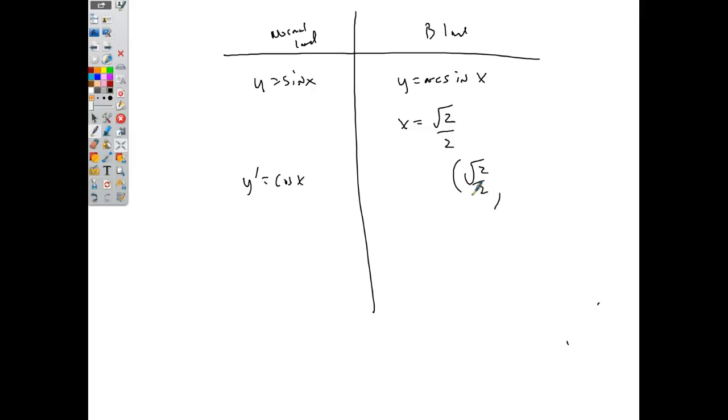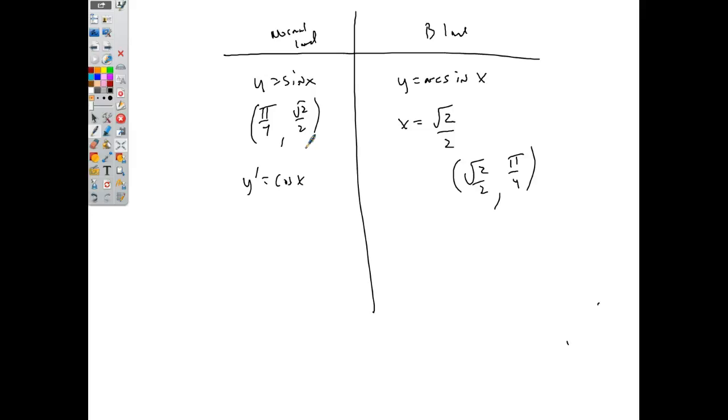Right. So let me pause for a moment. Yep, that's my answer, pi over 4. Or if you put it in your calculator, you get point something, which means pi over 4. Agreed? So now, what is this point in normal land? That's going to be x. So pi over 4, comma, root 2 over 2. Agreed?